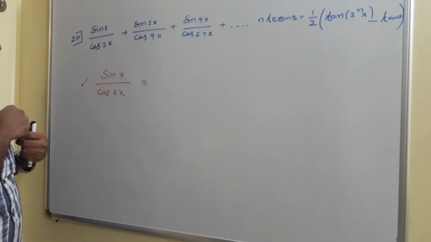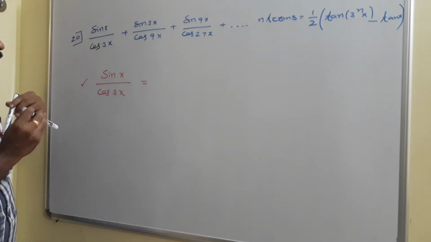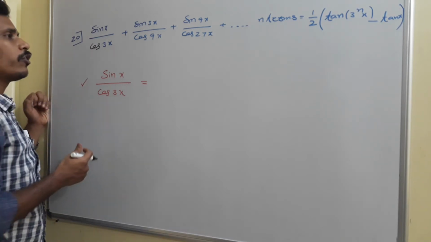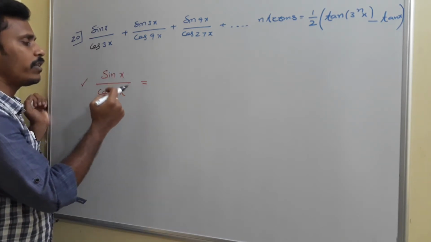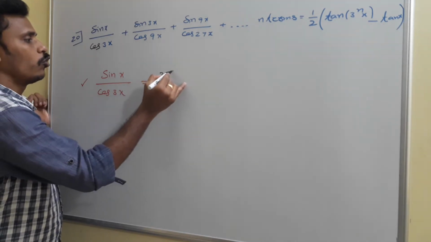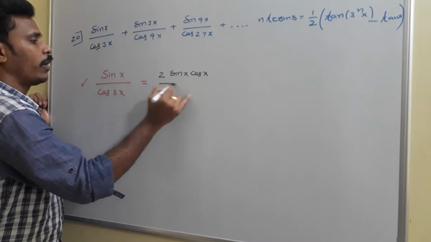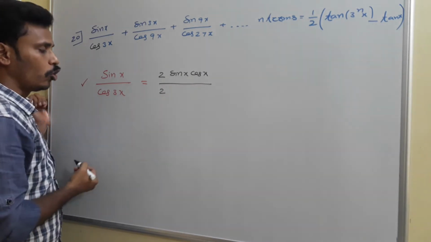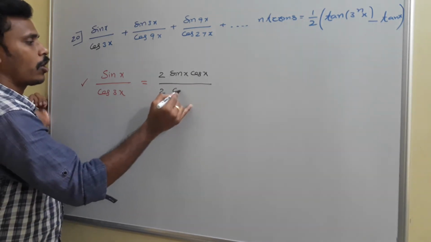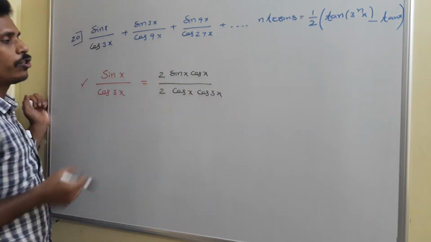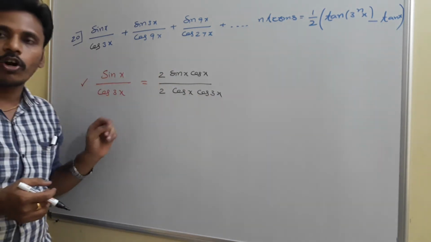Sin x divided by cos 3x it is. So what I am going to do is multiply with 2 cos x: 2 sin x cos x divided by 2 cos x cos 3x. Just have a look here. This is sin x by cos 3x.